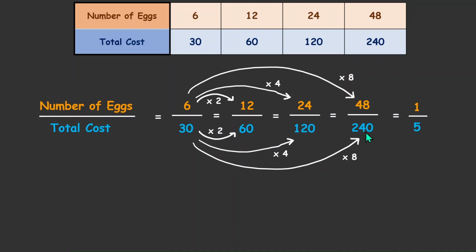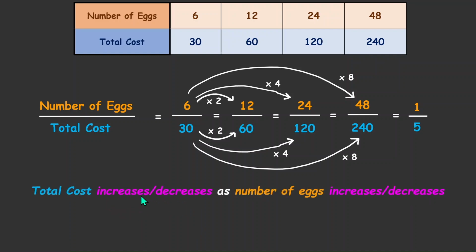So this again is a new pattern, because now we know that whatever amount the eggs are increasing, the total cost is also increasing the same way. So the total cost increases or decreases as the number of eggs increases or decreases. I've written decreases here simply because if I went from 12 to 6, the number of eggs have halved and the total cost would go from 60 to 30.